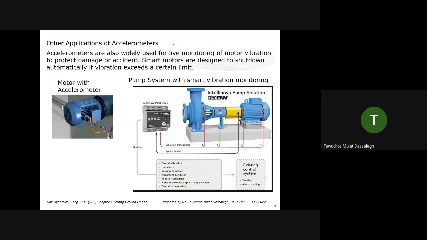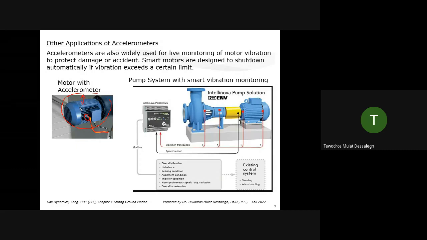Other applications of accelerometers: you may see them in different applications. A motor vibration. When it operates, it has vibration, and we want to make sure that it's not vibrating significantly. So the yellow portion you see is an accelerometer attached to it. We want to record the acceleration. Once you get acceleration, it's easy to get displacement and velocity of that vibrating mass.